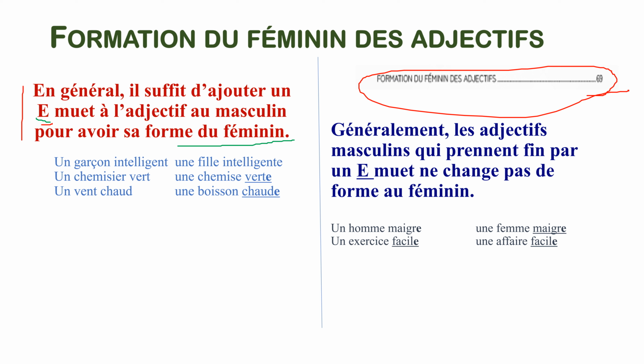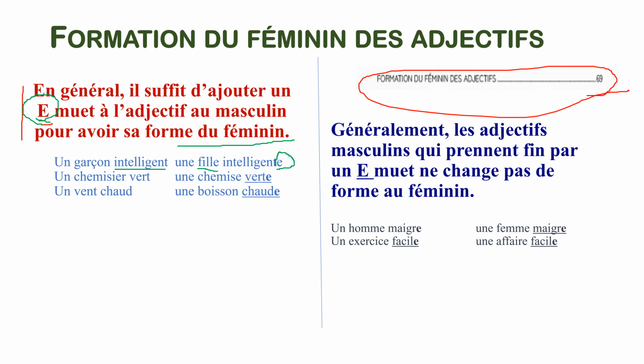That's all. So, if we look here, un garçon intelligent, intelligent is your adjective. Usually we cannot say un garçon intelligent for a girl, of course not. So it would be une fille intelligente. We add the E. This is what it says here.